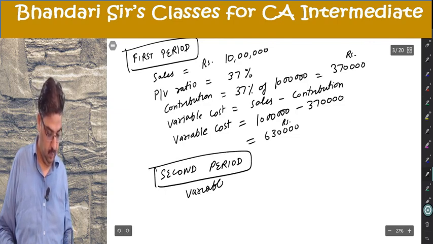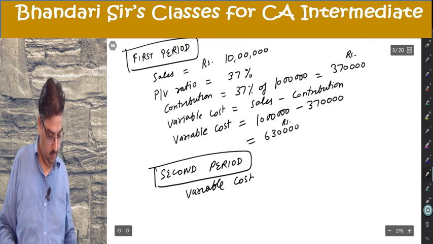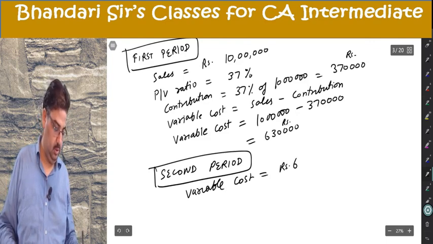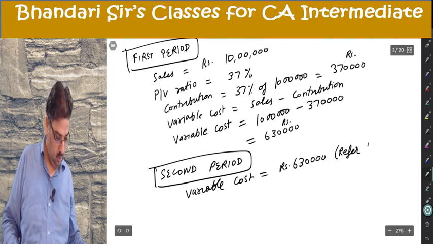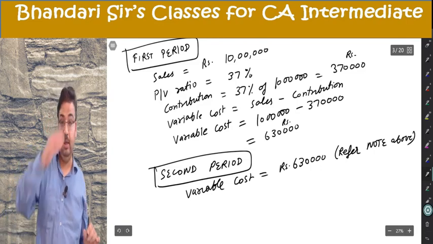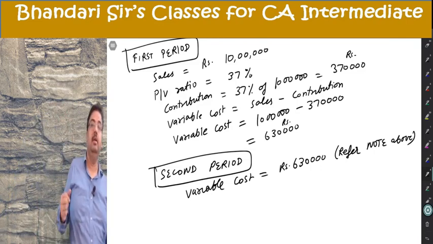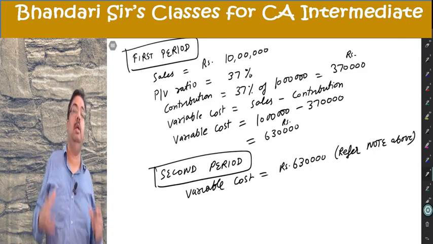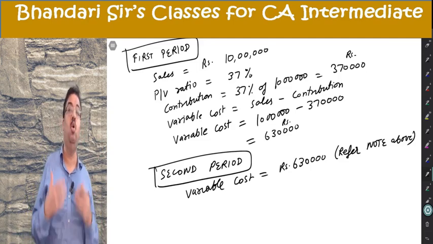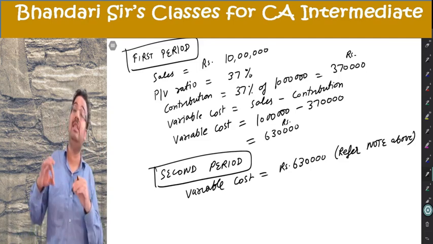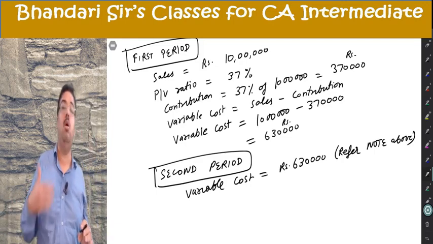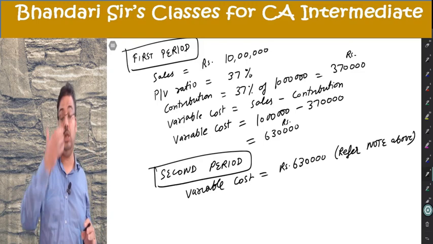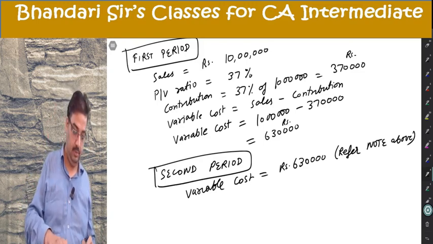Variable cost 6,30,000. Refer to the note above. I have already written in the note in detail that the total variable cost amount is going to be the same in the second period. No change in variable cost in this question, because variable cost per unit did not change and also sale units did not change. The level of activity is the same in both years.